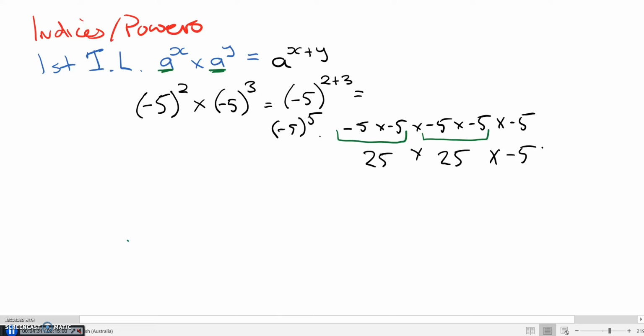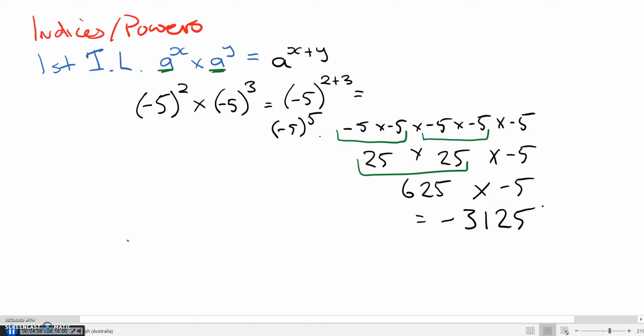Now you're just going to have to trust me that 25 times 25 is 625, and then we finalise it by multiplying by the last -5, which gives us -3,125.